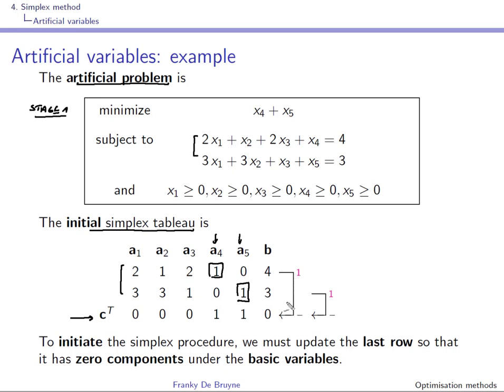So what we'll do is this operation, this is the element to eliminate divided by the pivot, so the multiplier is 1, and then you do something similar, right? So do not forget to do this at the time of the exam, and this is needed to initiate the simplex procedure, because we want to have the simplex tableau in its canonical form. Canonical form means that there are zeros above and below the pivots.